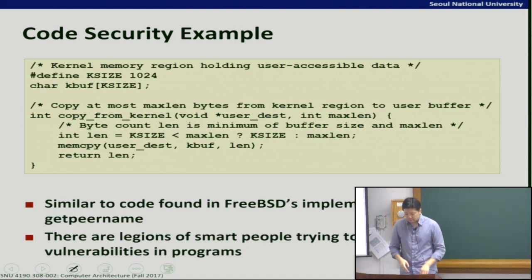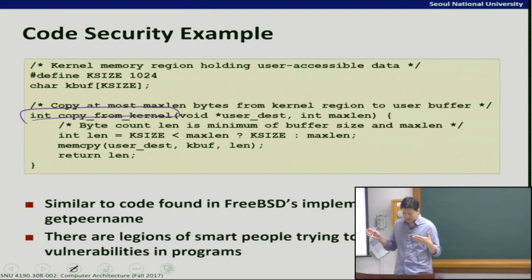This is a very simple example of a buffer overflow type of attack. So let's think about this function. There's a function called copy from kernel. This one is based on real operating system code.